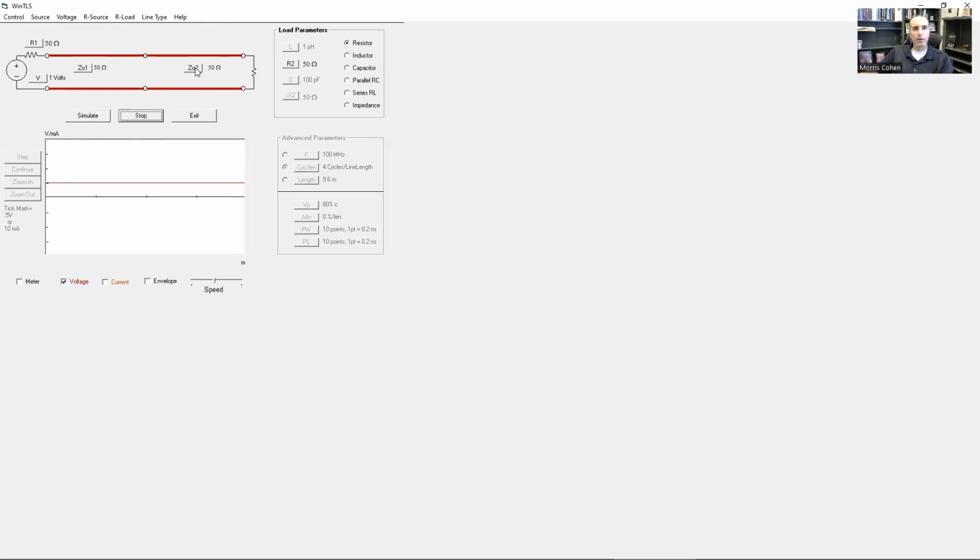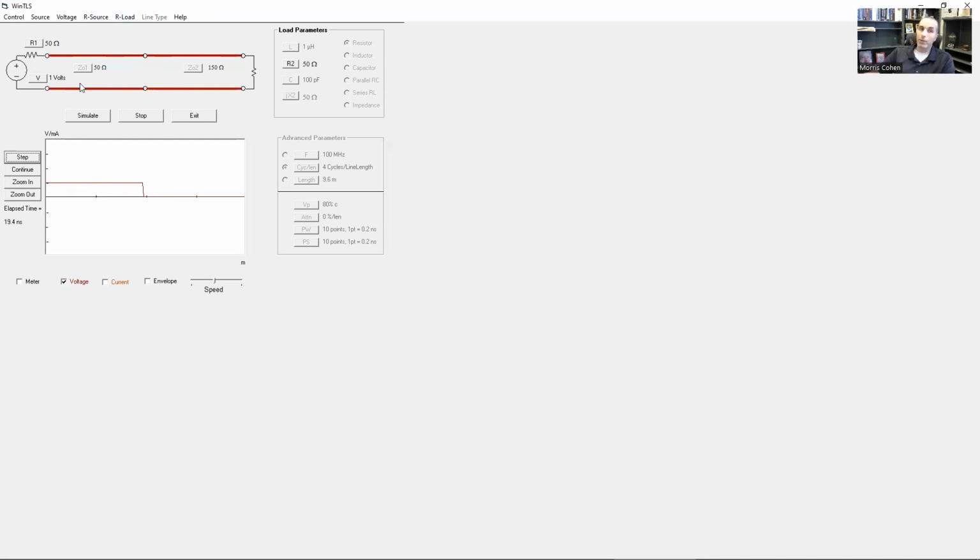All right. So now let's change this transmission line here to be 150 ohms. And let's start the simulation again. Okay. Now, as this wave reaches that junction, we expect that there ought to be a reflection. Sorry, at the junction. The reflection coefficient turns out to be 1/2, since it's 150 minus 100 divided by 150 plus 100.